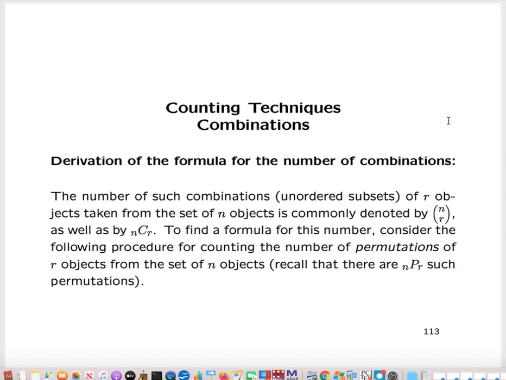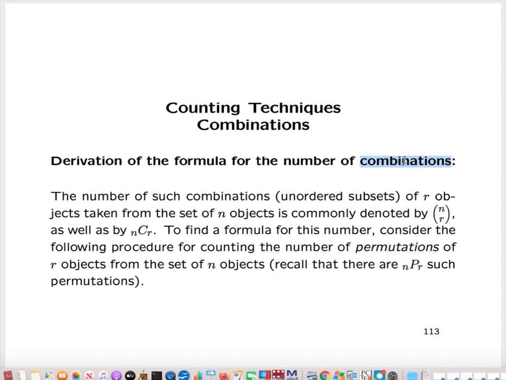So let's derive this formula. The number of such combinations, which again are unordered subsets of R objects taken from a set of n objects, is commonly denoted by this notation here, as we've discussed, as well as that notation there. Now, to find a formula for this number, let's consider the following procedure for counting the number of permutations of R objects taken from the set of n objects.